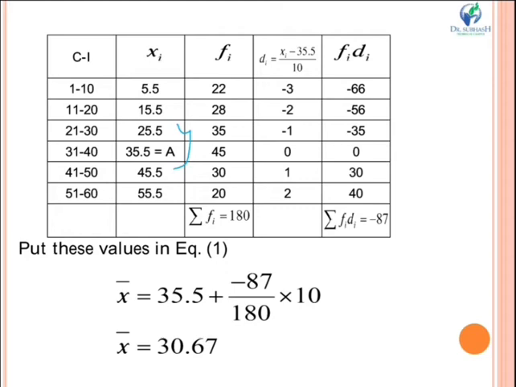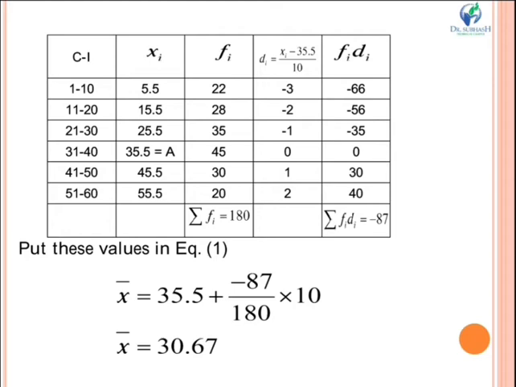So the next column will be of di, that is (xi minus A) upon h. So A is 35.5 and h is 10. Now I will put each value of xi and find the corresponding values of di.